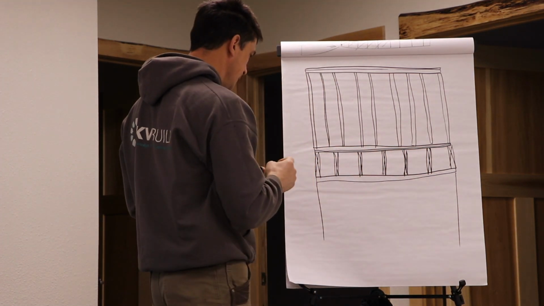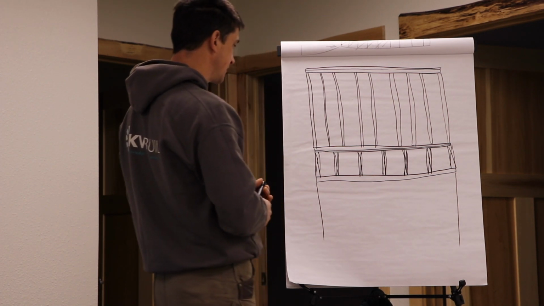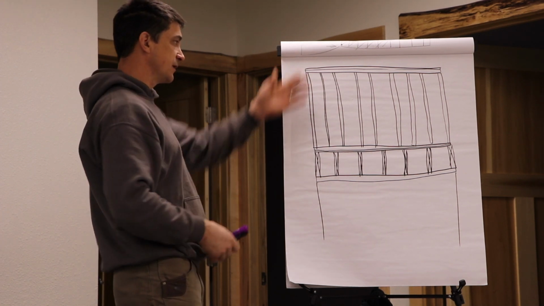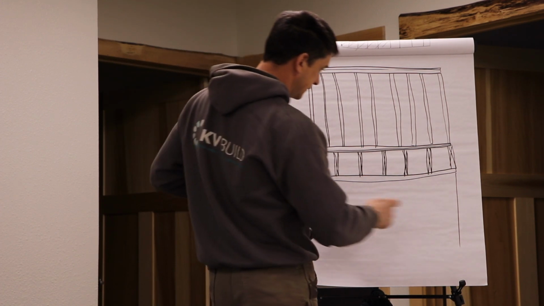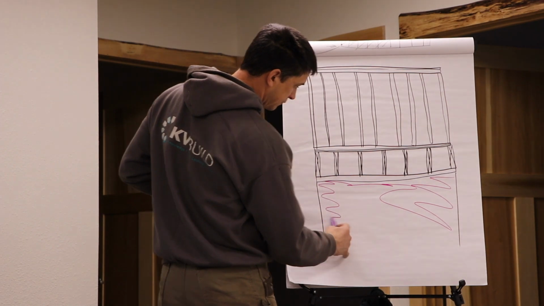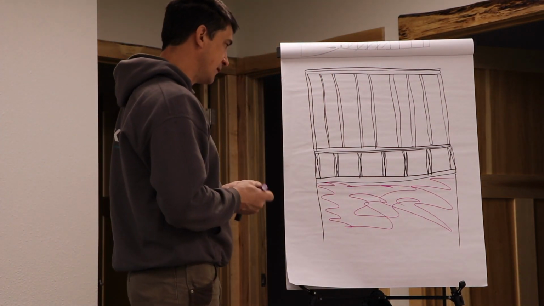Okay, so this is a rough sketch of all the framing members that we would see in a wall system. Like this is a cross section of the wall. So this here, this is our foundation, okay? Concrete, block, wood, whatever the foundation is built of.